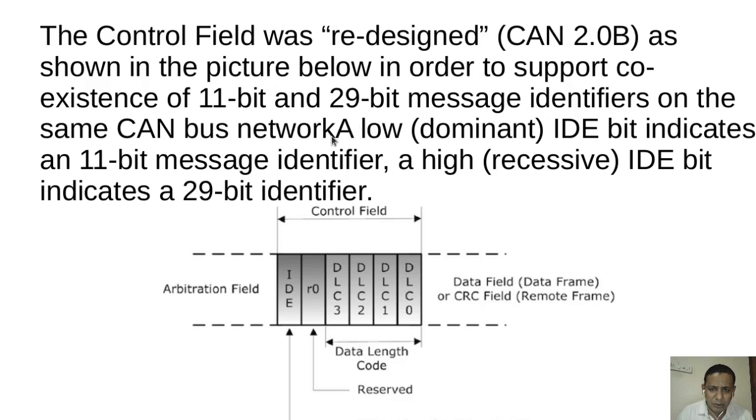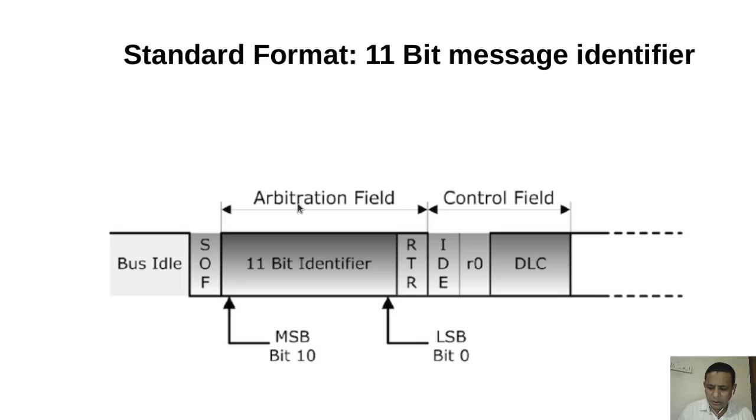A low, dominant IDE bit indicates an 11-bit message identifier, and a high, recessive IDE bit indicates a 29-bit identifier.